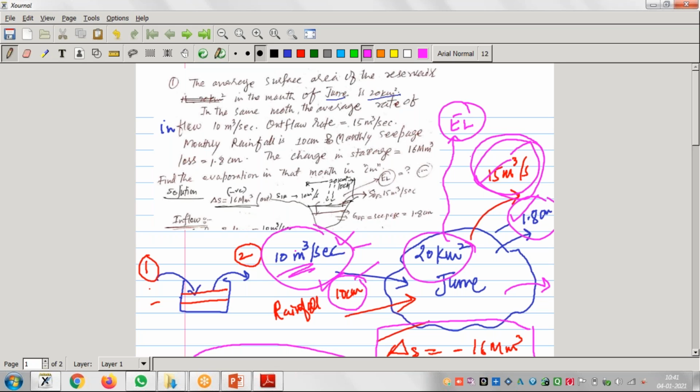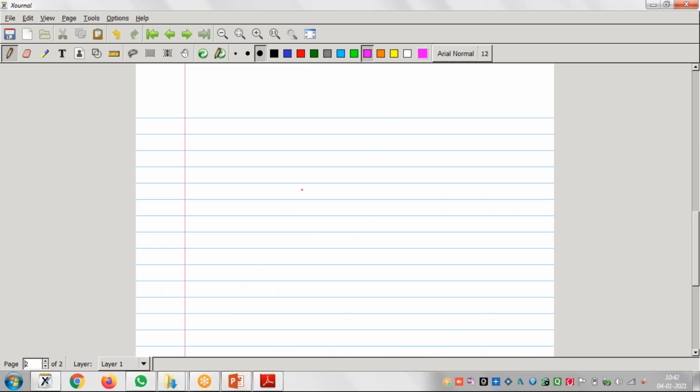So either we will convert this into depth, or we can convert it into volume, how much quantity of water volume is incoming and outgoing. I think volume is more important. So whatever quantity is given, we will convert all into volume, right?